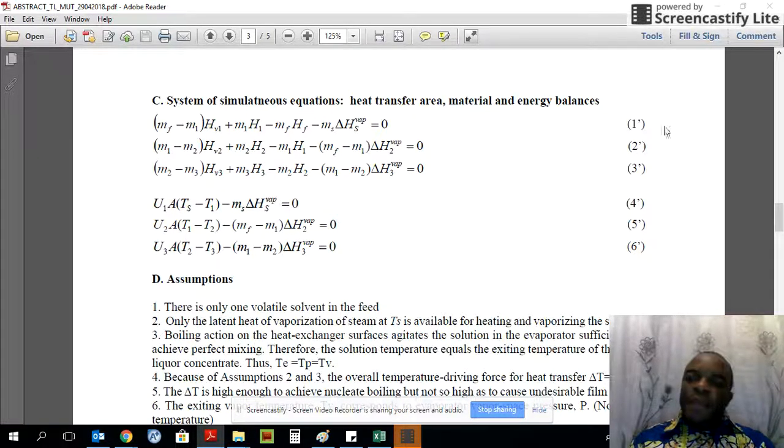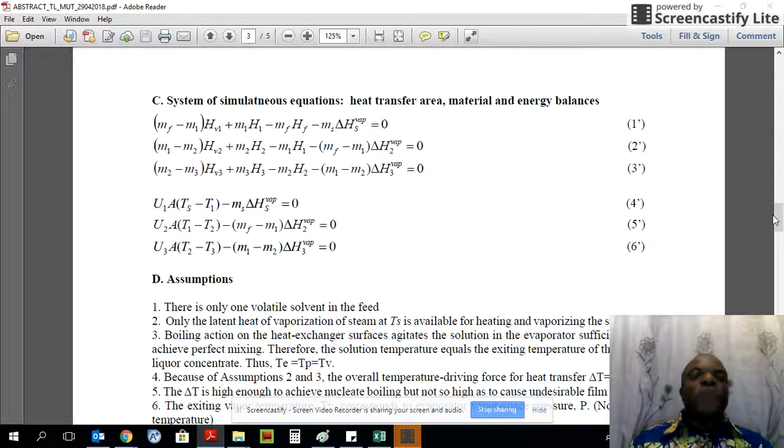So my method is based on the solution of the six equations, which I'll show you later have got only six unknowns. That is number one.